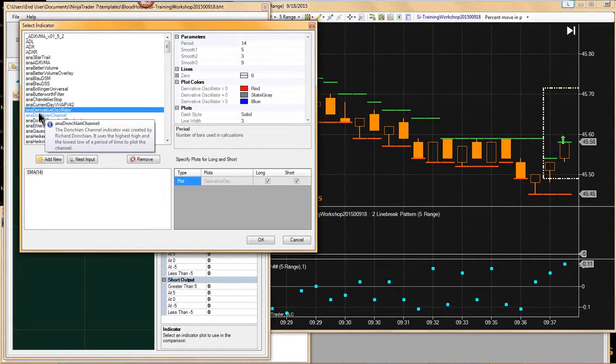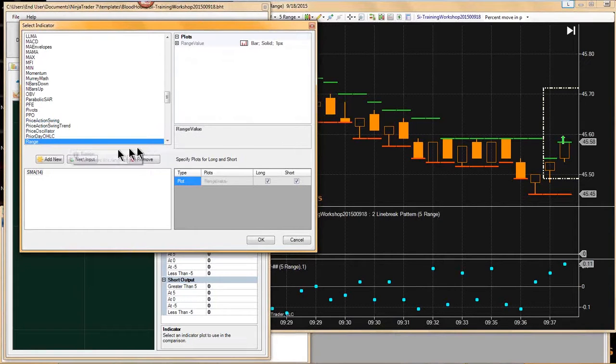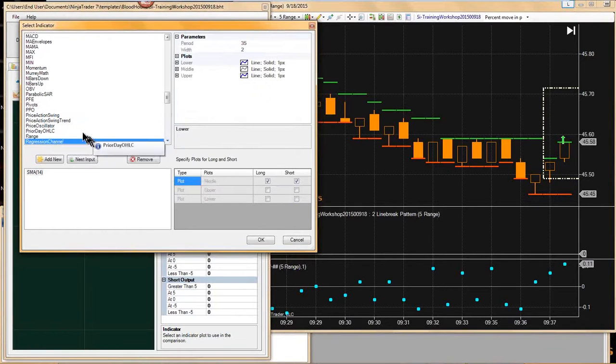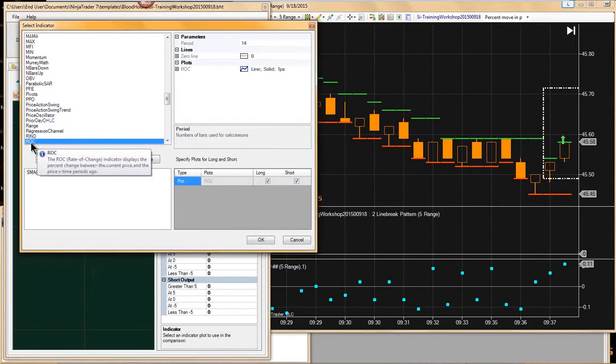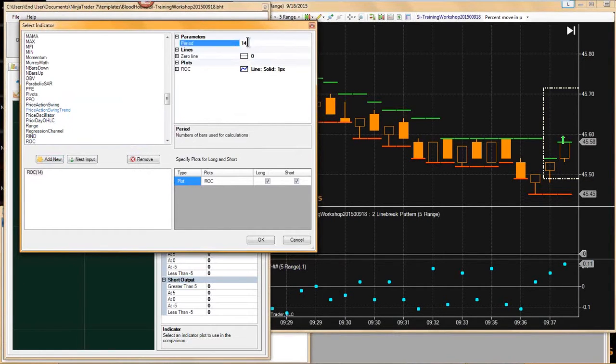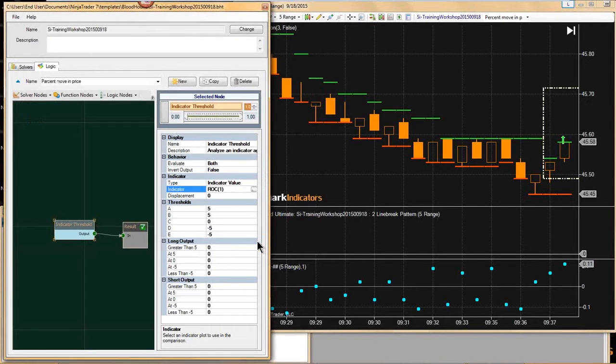And now I just need to go put in the rate of change indicator. All right, so we're using a period of 1, like so. And then we'll set our long output and our short output.